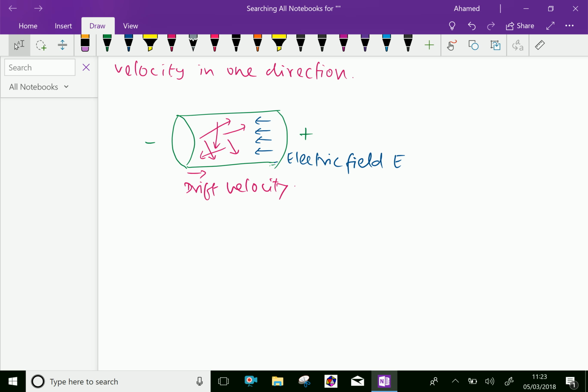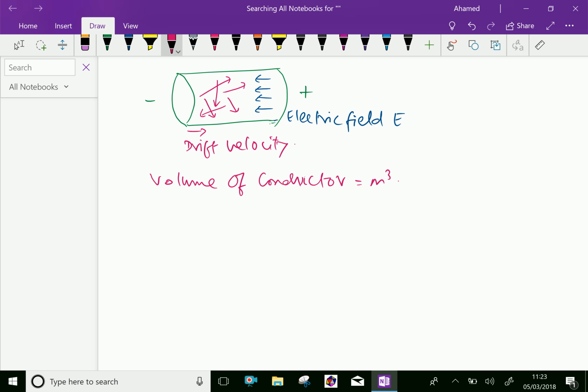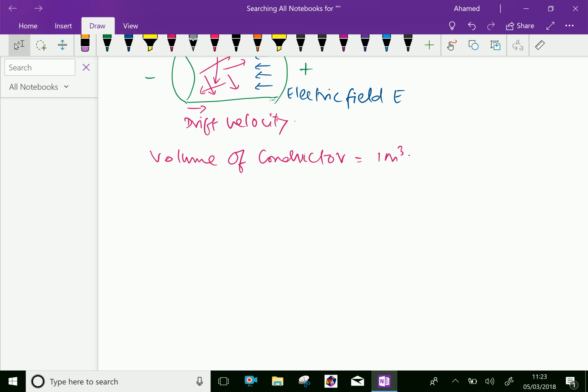Suppose a conductor has a number of free electrons. The volume of the conductor equals one meter cube, and there are n free electrons.